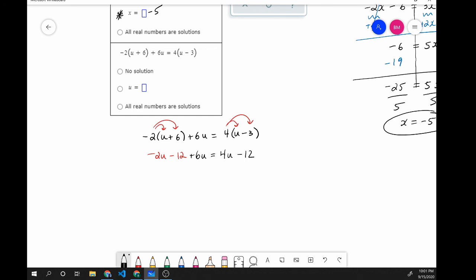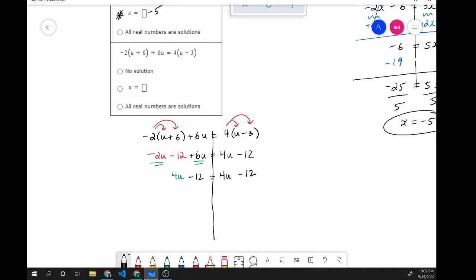So I'm multiplying through that. Next, I'm going to combine like terms. So I see that I have u's on the same side I can combine. Again, I forgot to draw my line down. Very important. So negative 2 plus 6 is 4u. So I'll do 4u minus 12 is equal to 4u minus 12.